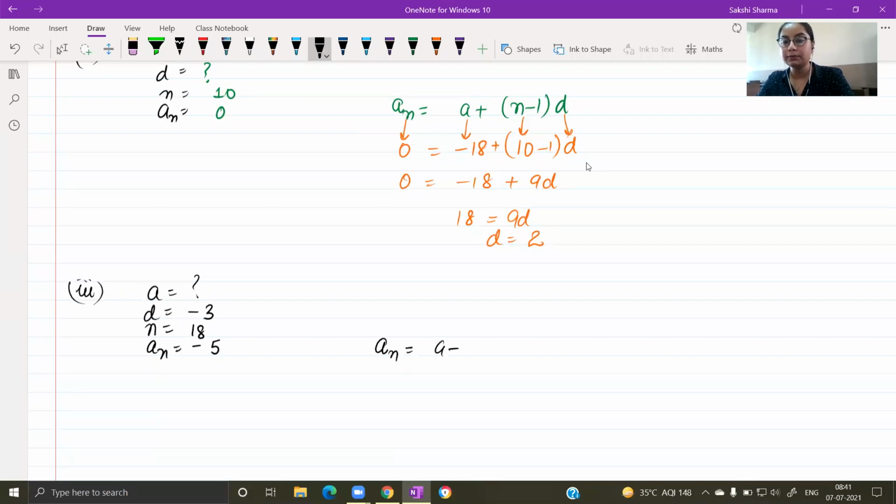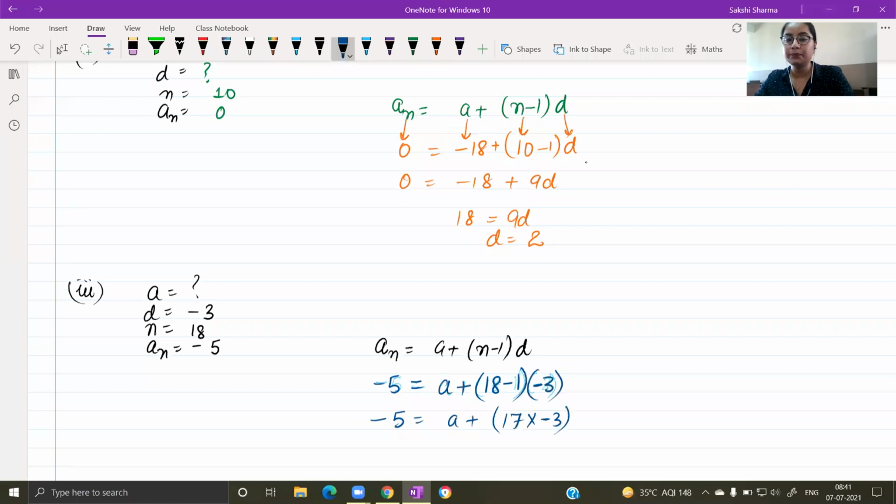Applying the formula: minus 5 equals A plus 18 minus 1 times minus 3. Minus 5 equals A plus 17 multiplied with minus 3.